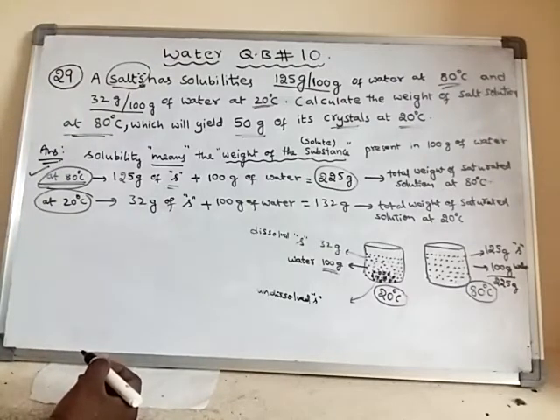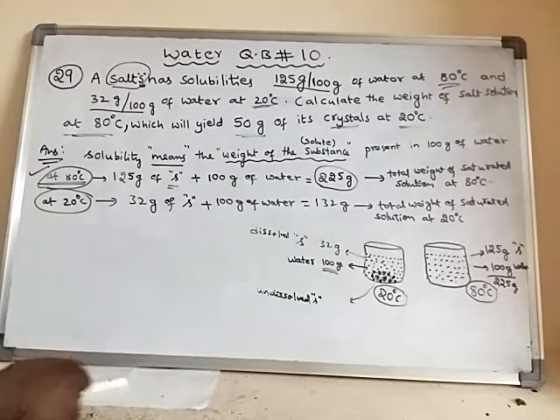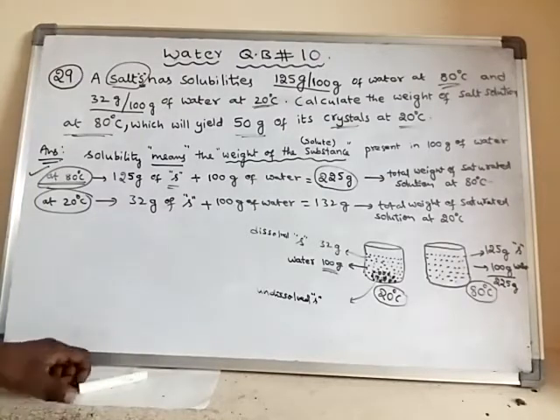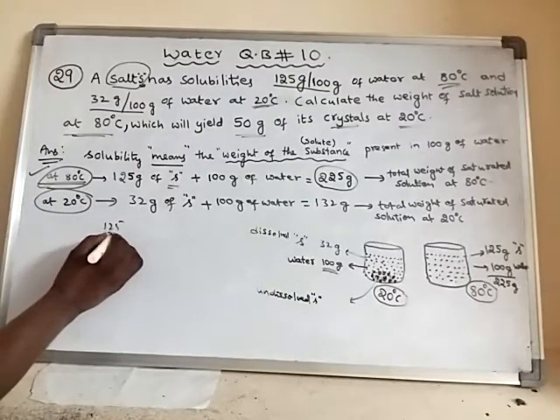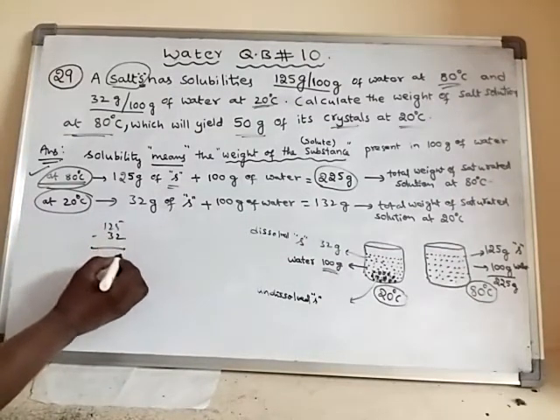If you remove 32, how much is left over here? 125 minus 32. Just simply do this one.